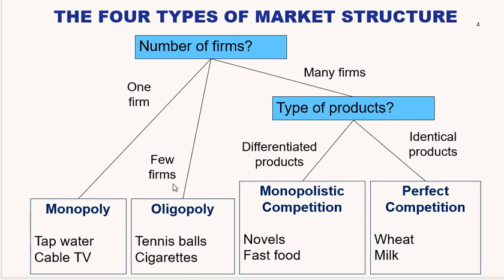And there is another type of market that is closer to monopoly, but is not as powerful as a monopolistic company, because we see a few firms sharing this market. Examples could be tennis balls and airlines, right?